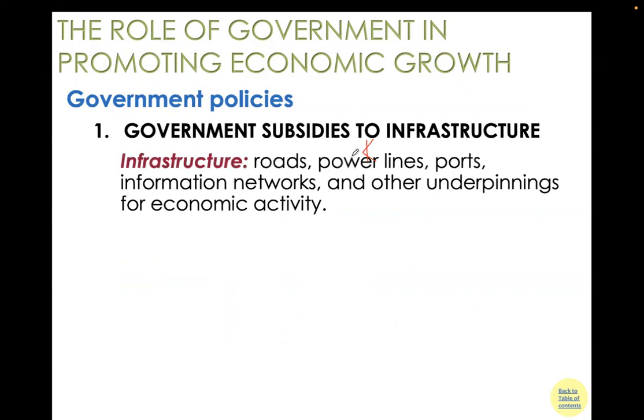What is infrastructure? This includes roads, power lines, ports, information networks. They're important because they provide the basic infrastructure, the basic capital for us to do business and to communicate.